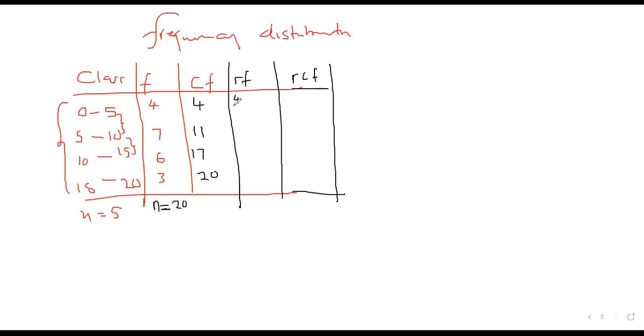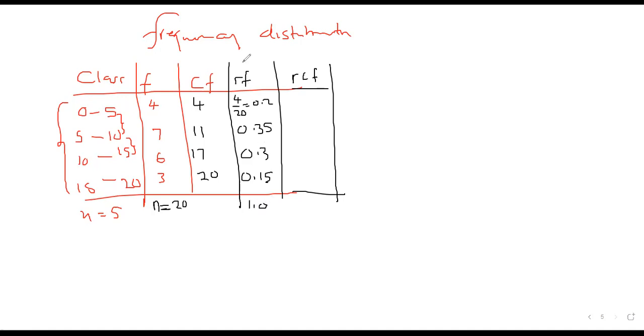What is 4 out of 20? 0.2. 7 out of 20, 0.35. 6 out of 20, 0.3. Then 3 out of 20, 0.15. The total here is 1.